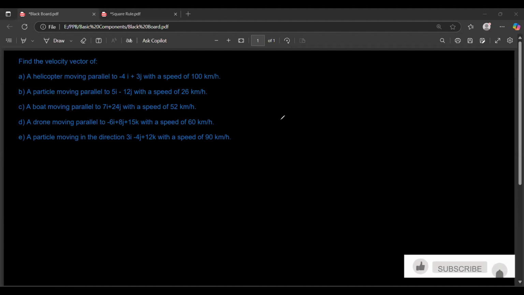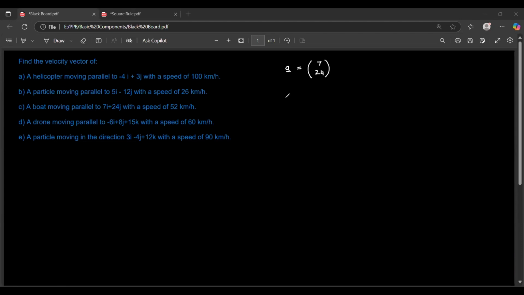Now we can do the third question. The third question looks similar to the second and first questions. Let's try. They're saying vector a is given as 7, 24, and v is parallel to a. So we can say v is equal to ka, so v is equal to 7k and 24k.